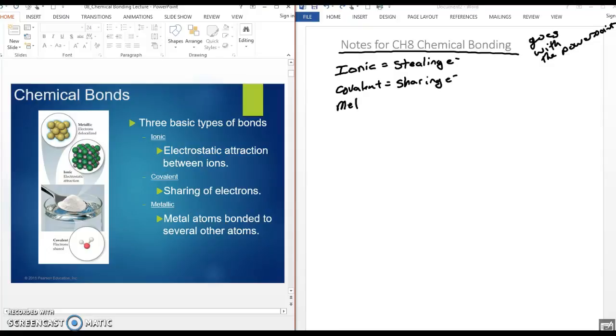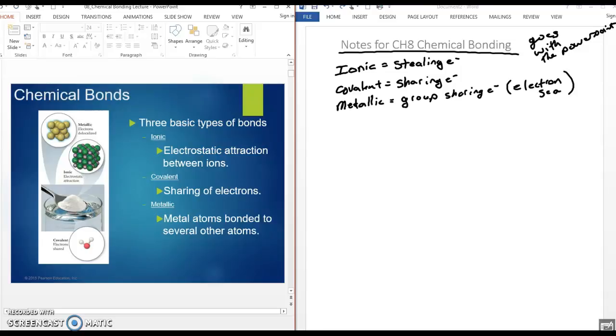And metallic as a group sharing electrons. So imagine the entire group of iron all sharing their electrons across all iron. We also refer to this as an electron sea. It's like an ocean of electrons just flowing back and forth.